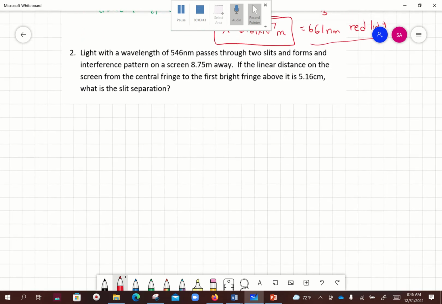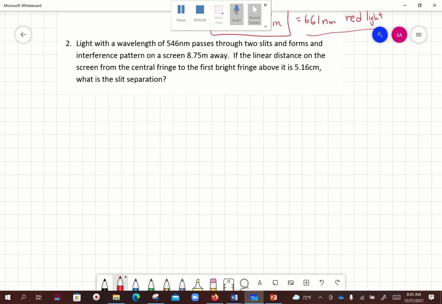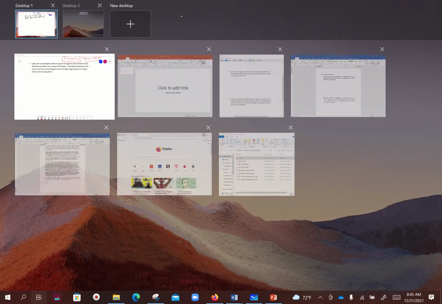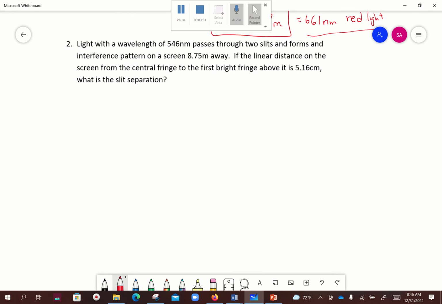Okay, let's do another one that has to do with the projection on the screen. Light with a wavelength lambda of 546 nanometers. Again, put everything into meters: 5.46 times 10 to the minus 7 meters. Remember, 1 nanometer is 10 to the minus 9 meters.